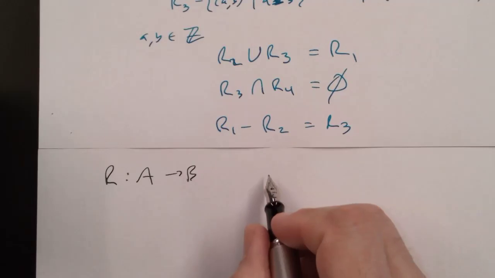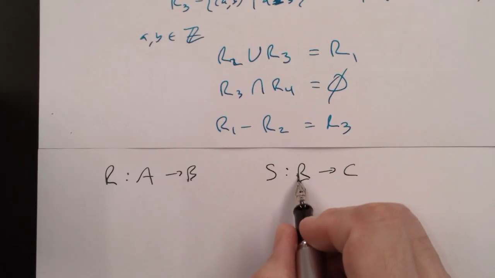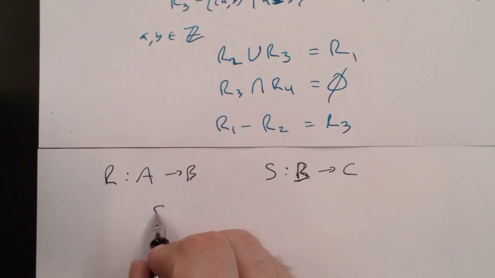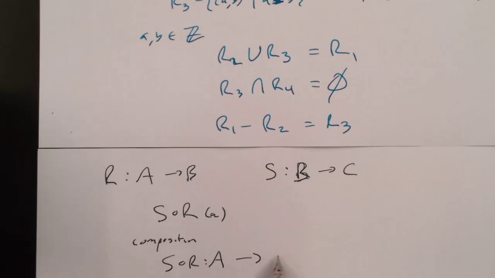But let's suppose I have this and I have another relation from B to C. Well, then I could define the composition as taking something from A and spitting out something in C. But how are we going to do this?